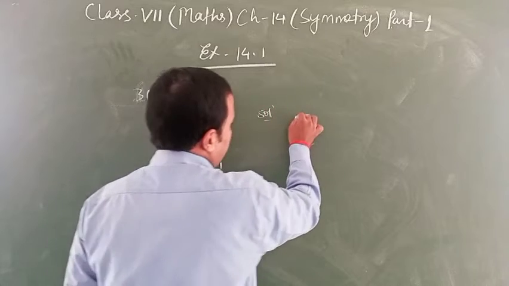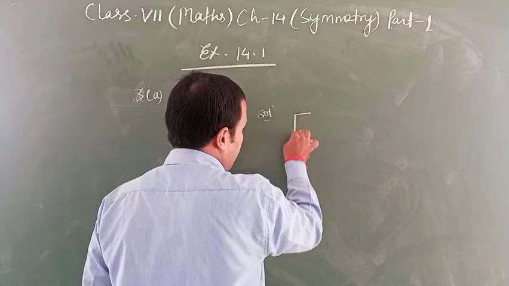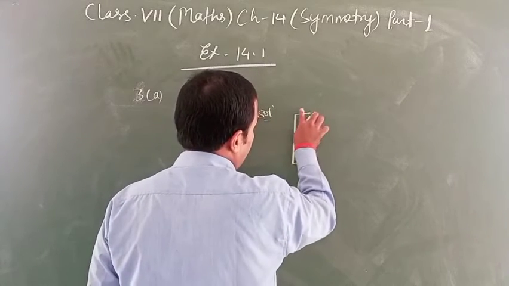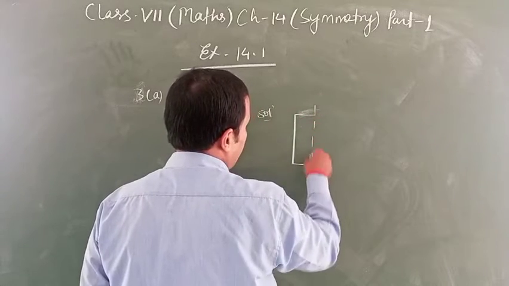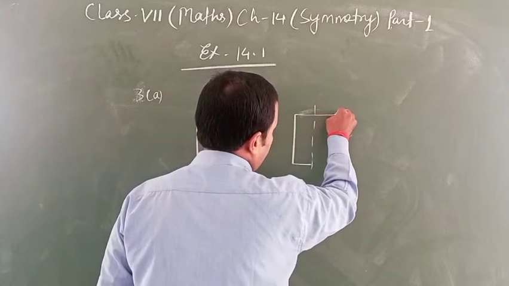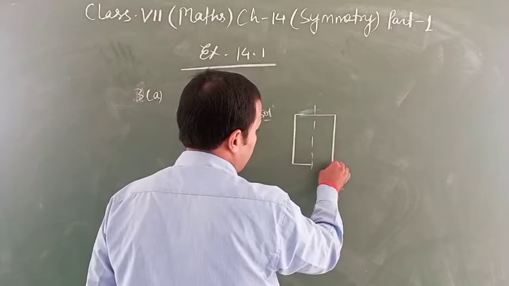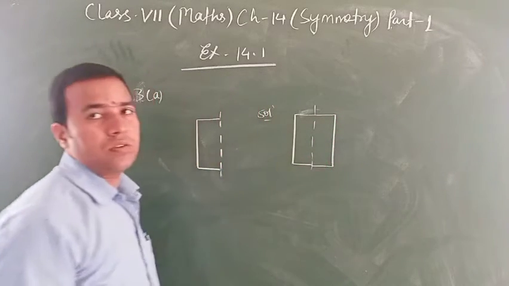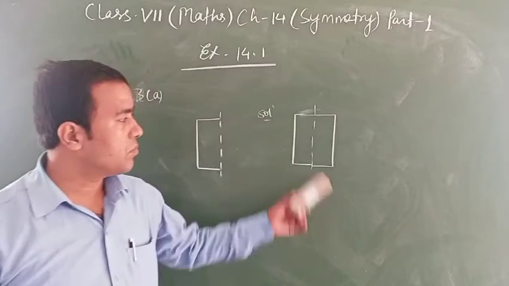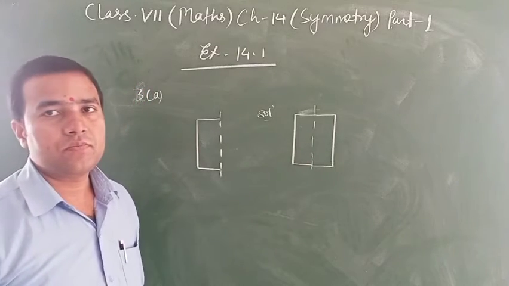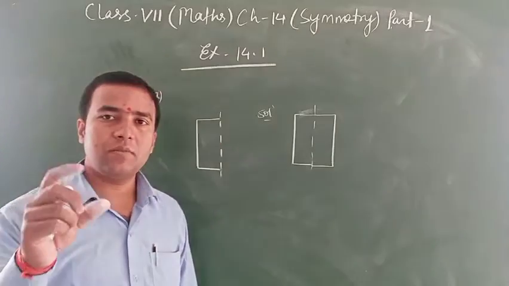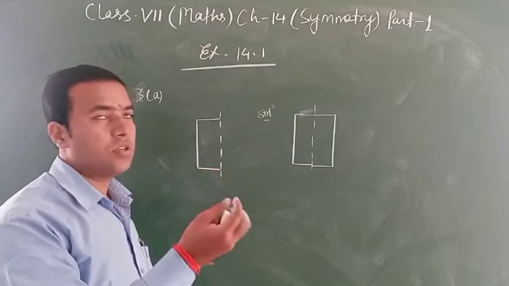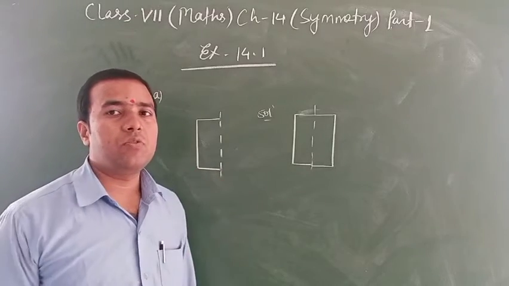The solution is that you make it like this. Whatever is given in the question, make it like this, and here you can join the half part. Clear? That is completed. Like this you will complete. If a half circle is given and one symmetrical line is given, you will make the half circle complete.